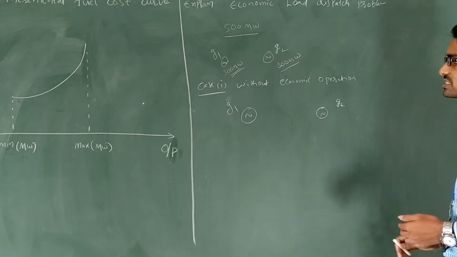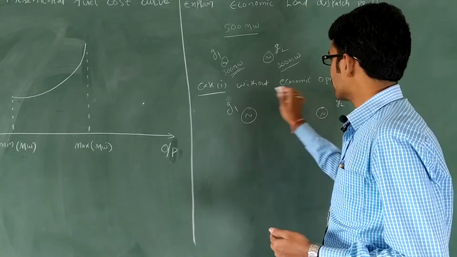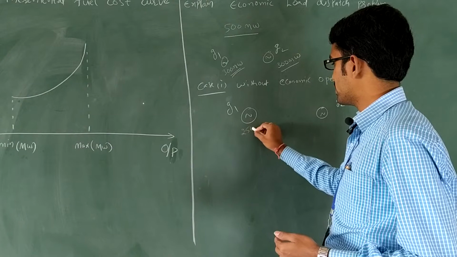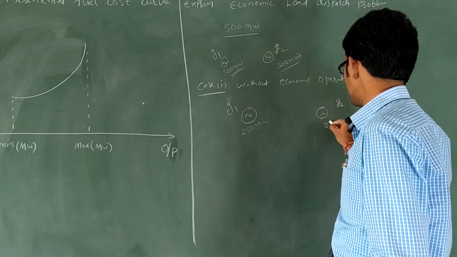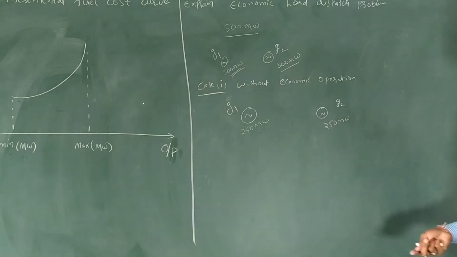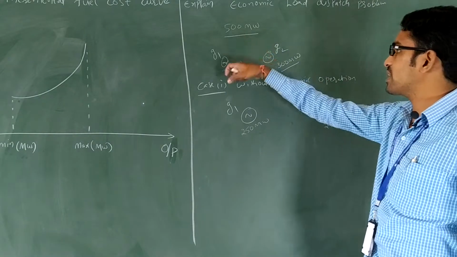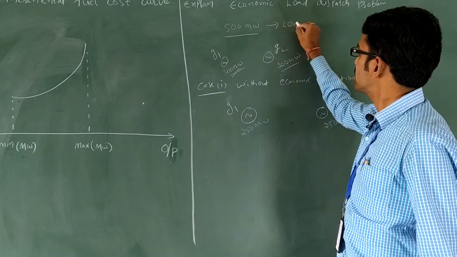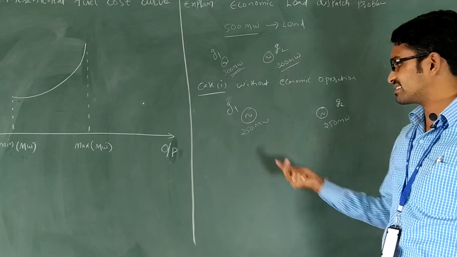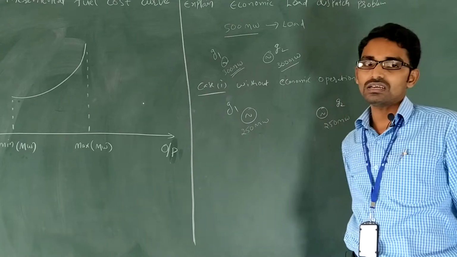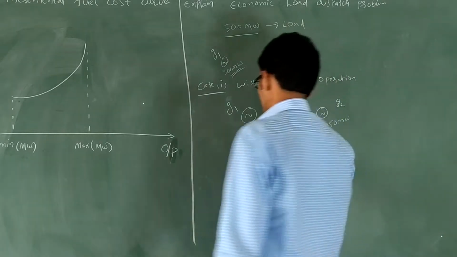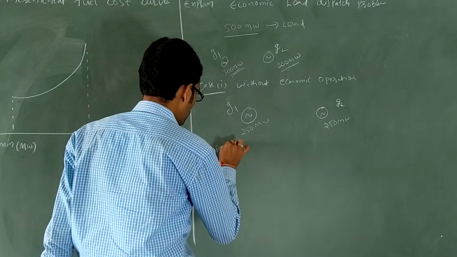Without consideration of economic operation, it is 250 megawatts here and 250 megawatts here. Between these 2 I am going to distribute that load of 500 megawatts. So this is your load. These 500 megawatts of load I am distributing between these 2 generators, 250 megawatts each.